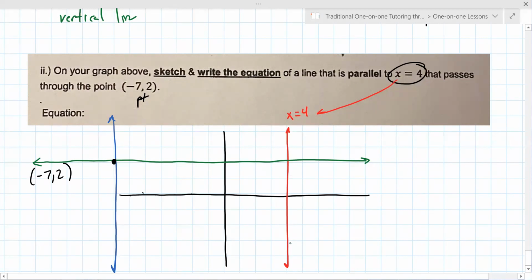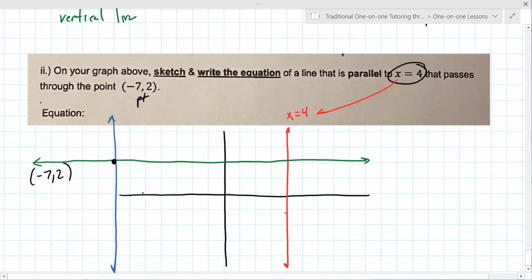Which one is it? Is the blue line parallel to the red line, or is the green line parallel to the red line?